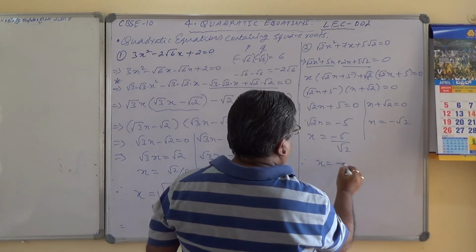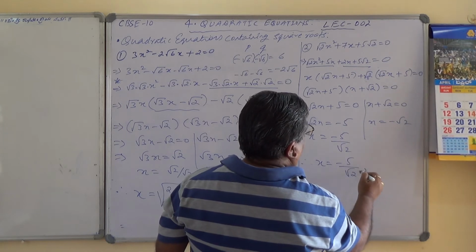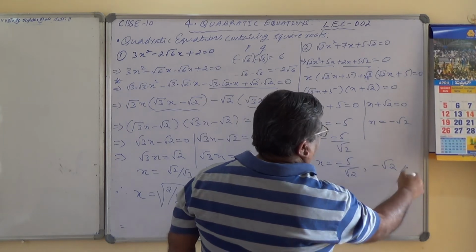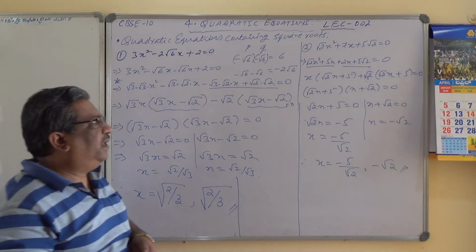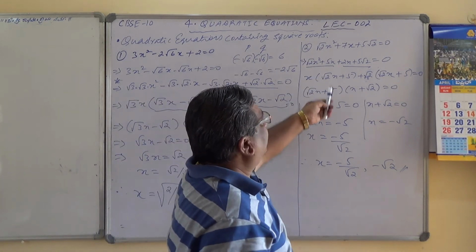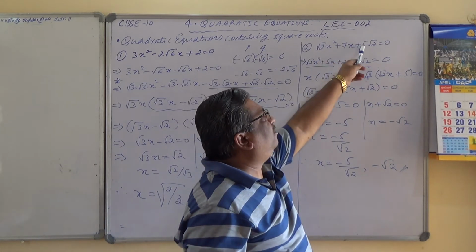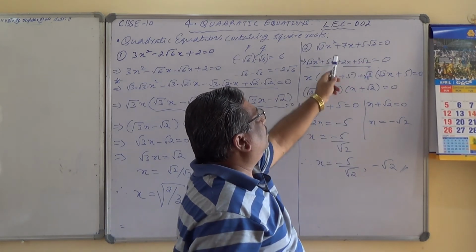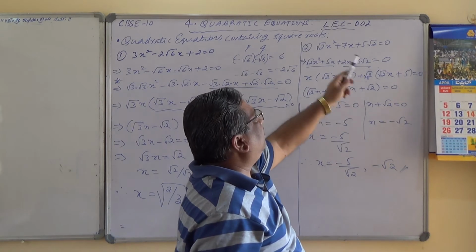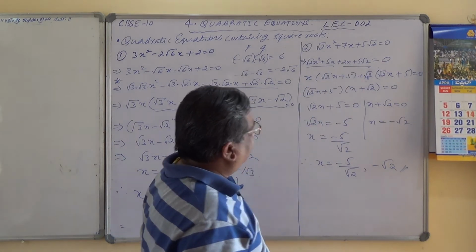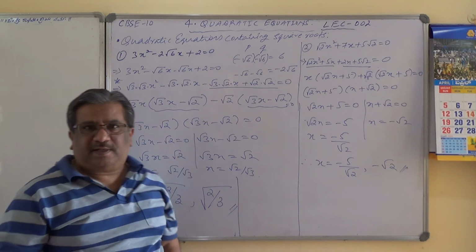Therefore, x equals minus 5 by root 2 and minus root 2 should be your answer. Any difficulty here? We worked out the factor as 5 into 2 because root 2 into 5 root 2 is 10 basically. So 7 I should get, 5 into 2 is 10, 5 plus 2 is 7. So this is how we can work out. I hope you are understanding.